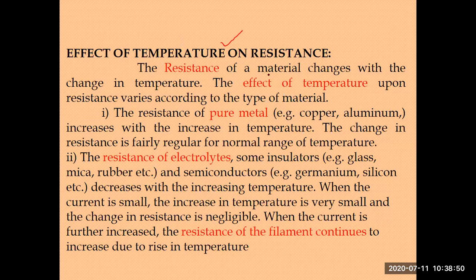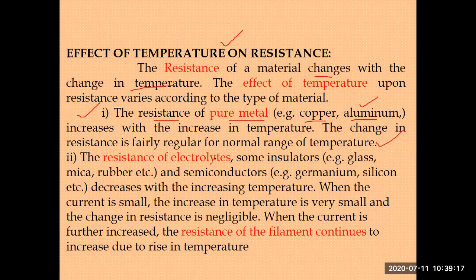So the resistance of a material changes with the increase in temperature. The effect of temperature upon resistance varies according to the type of material. The resistance of a pure metal, for example copper and aluminum, increases with the increase in temperature. The change in resistance is fairly regular for a normal range of temperature.